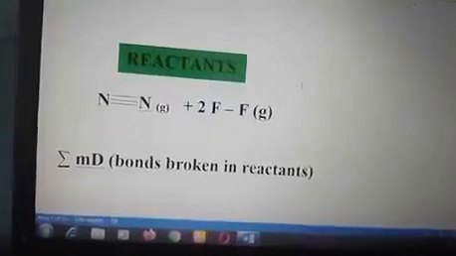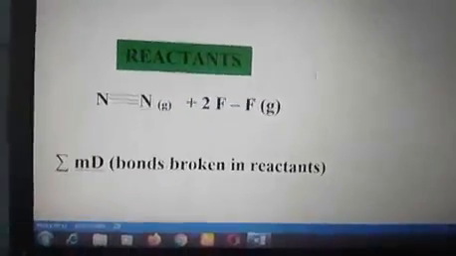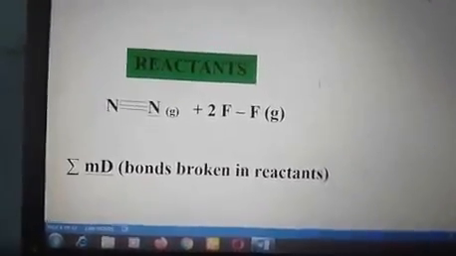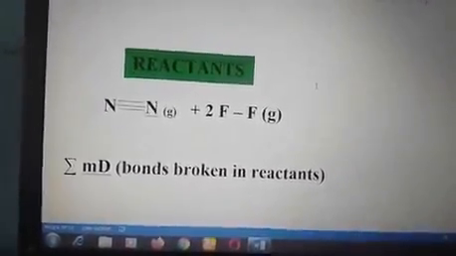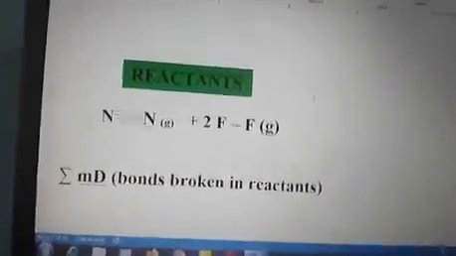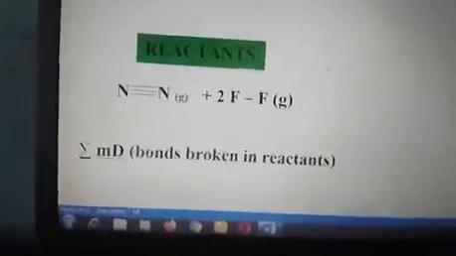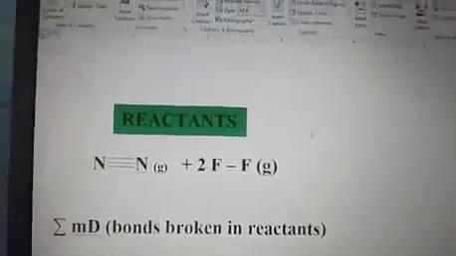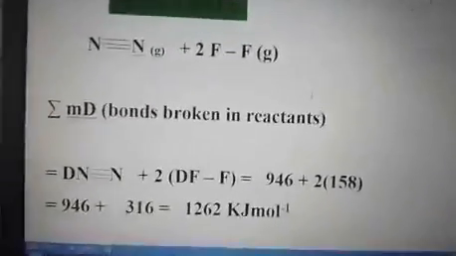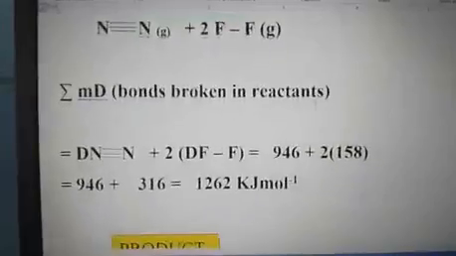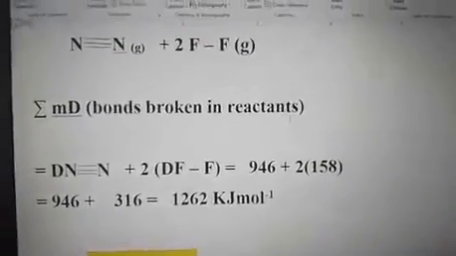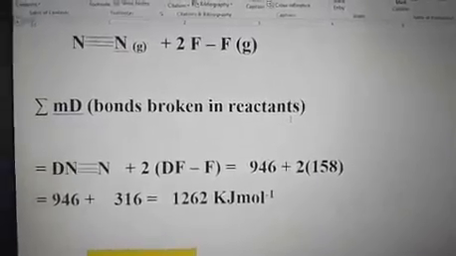The reactants in the equation here are a nitrogen molecule with 2 moles of fluorine molecule. So we have to calculate the total bond energy in the reactants, nitrogen and fluorine. We have the number of moles multiplied by the bond energy broken in the reactants.